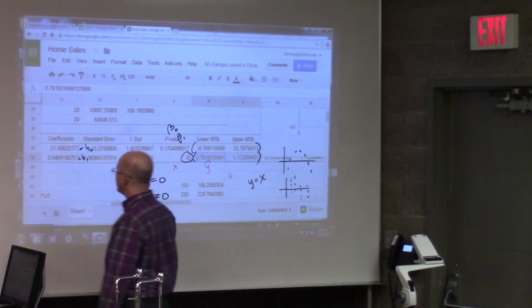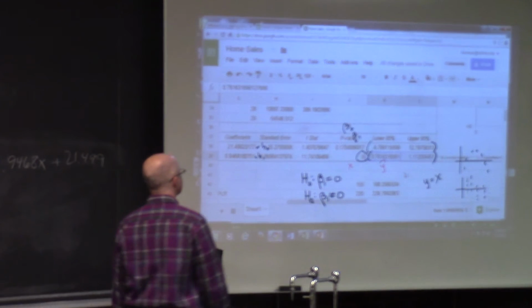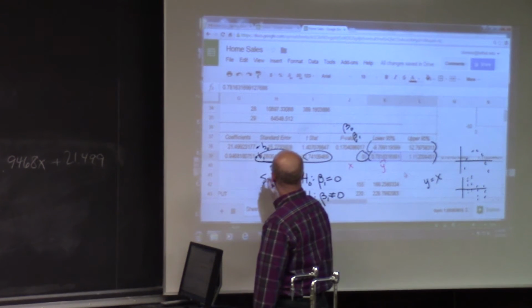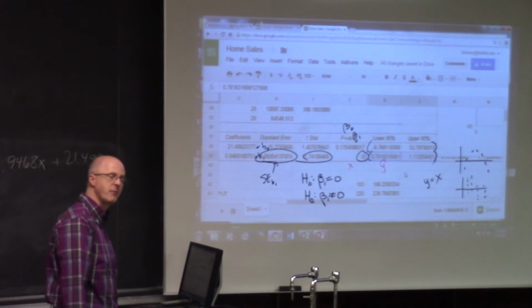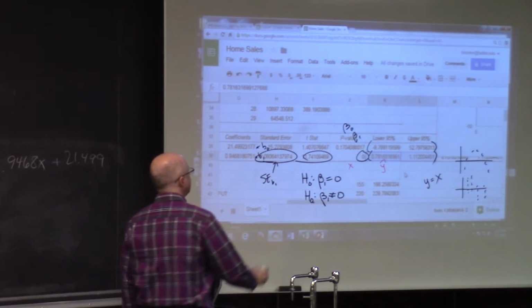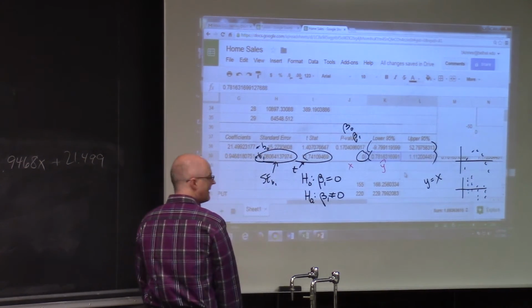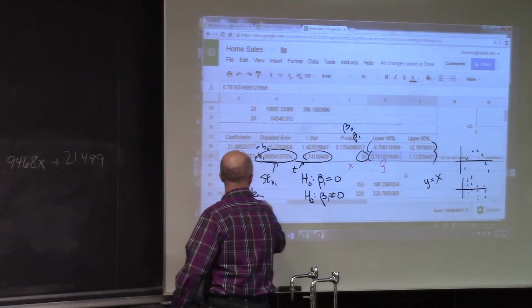If you wanted to calculate it by doing a calculation and using a table, you'd use these numbers. That's the standard error for B1 without the formula. You know, I quizzed you on the formula. This is the corresponding t-stat that can be calculated with this formula that I showed you at the end of class last time.